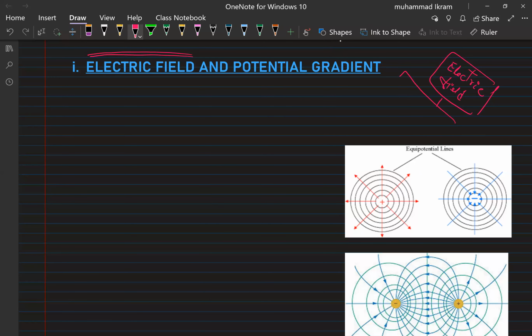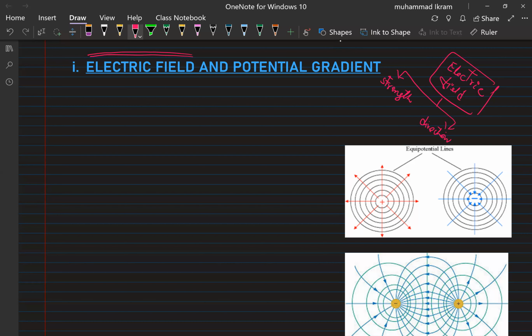The first difficulty is its strength and the second is its direction. Because of its strength and direction, it is very difficult to represent the electric field diagrammatically.